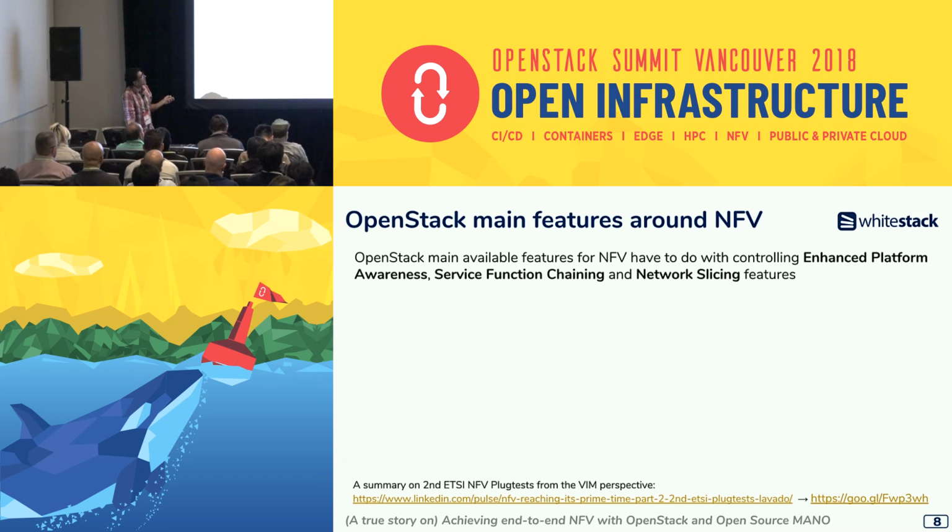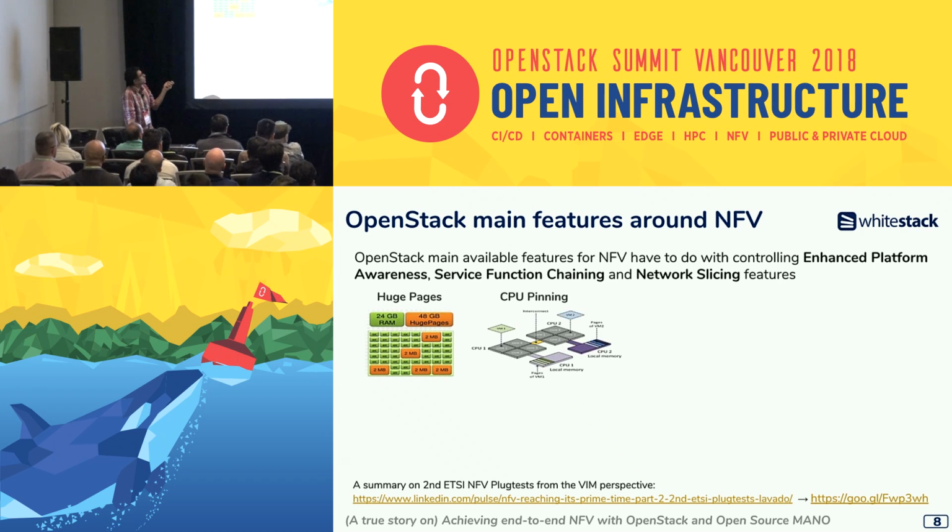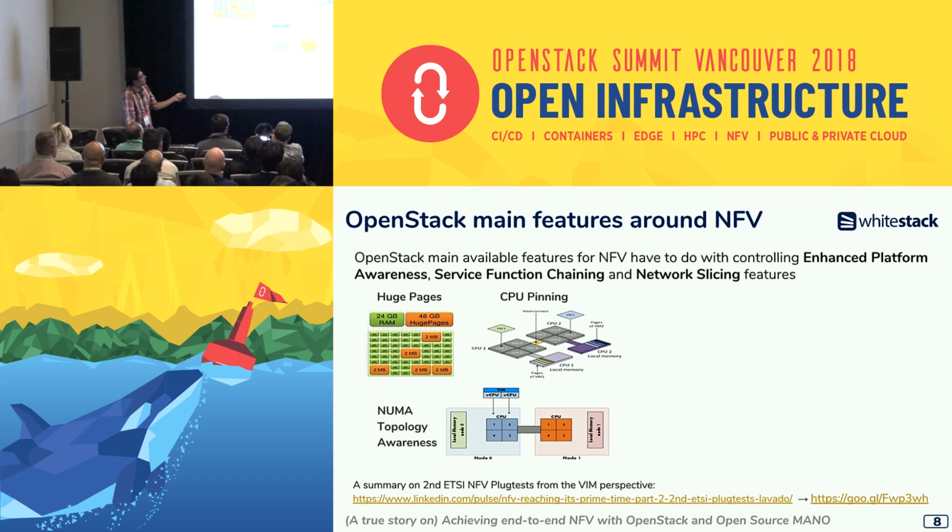Mainly enhanced platform awareness features, service function chaining, and network slicing. So huge pages management, CPU pinning, and NUMA awareness. Those features that belong to the NFVI can be easily controlled from OpenStack today. And we have seen a lot of enhancements in the upcoming Rocky release.